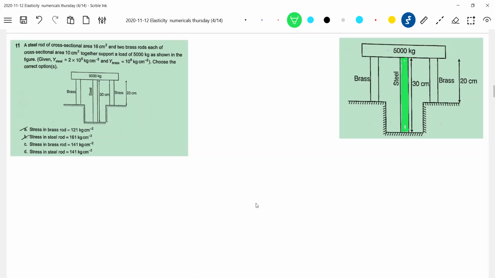I'm just giving different colors so that you can notice it. The two different rods are there. This will not work out.